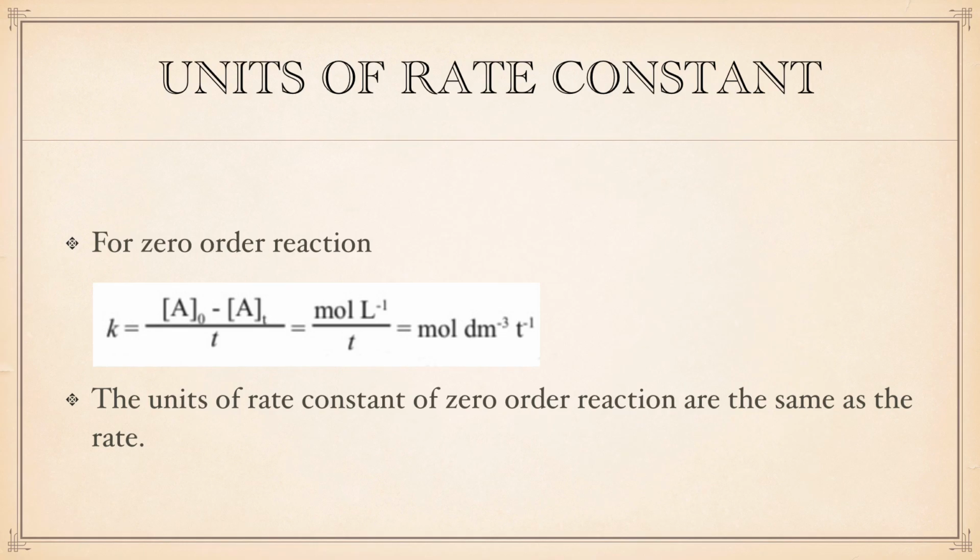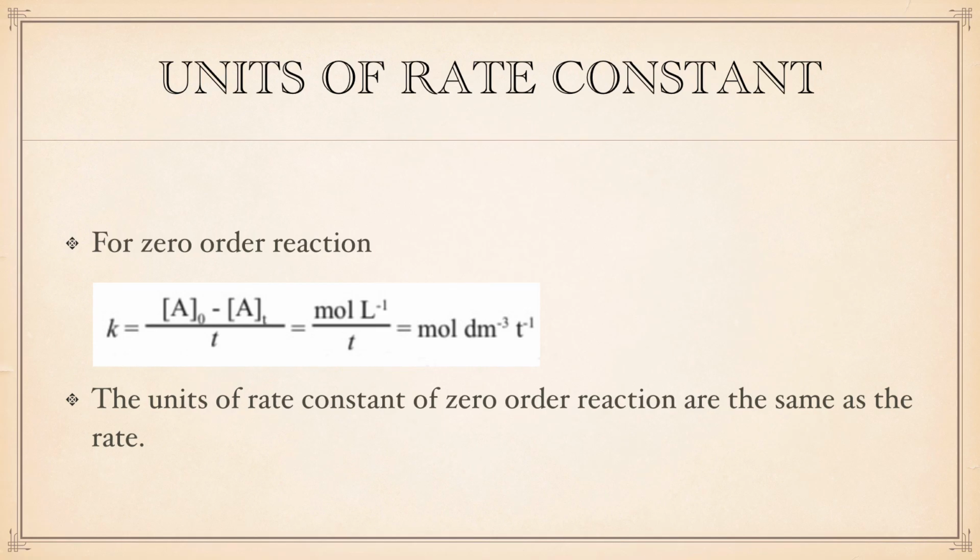What is the unit of concentration? Concentration is nothing but mole per liter or mole per dm cube. So I can write it as mole liter inverse t inverse, where t can be second or minute or hour.